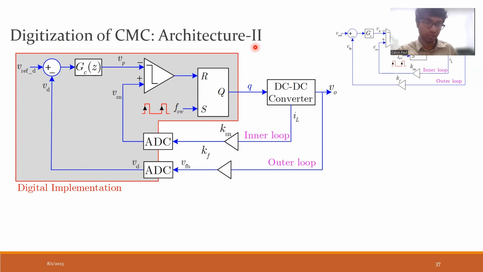But the difference in this case is that the sampling rate of the output voltage would be less than the sampling rate of the inductor current. That is, the inductor current samples should be taken at a much higher rate than the output voltage samples, as I told, because of the bandwidth requirements. Because we need the ripple information of the inductor current to perform current mode control.